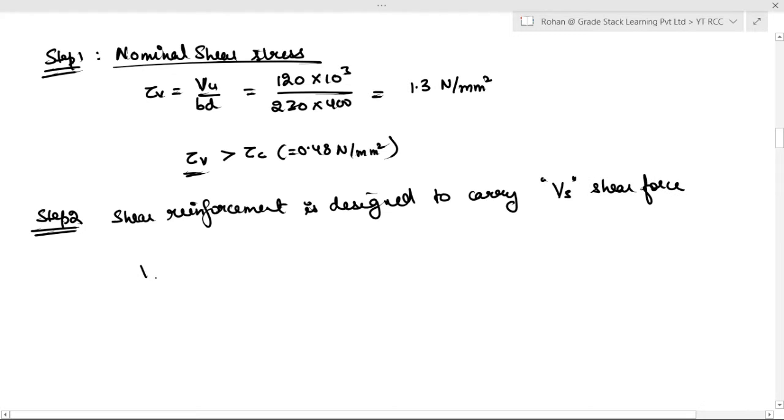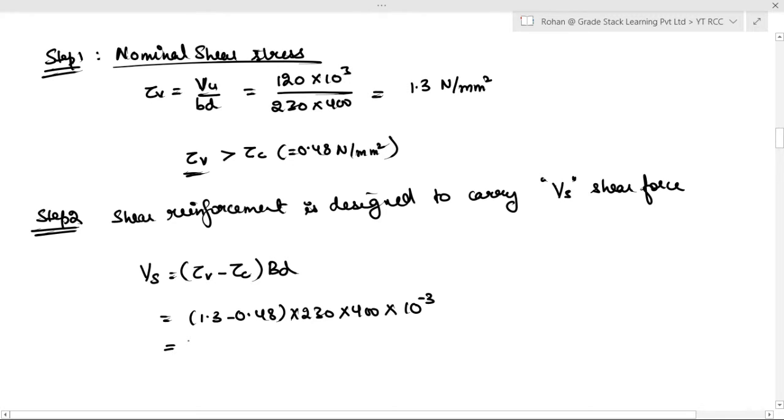Vs is equal to tau v minus tau c into bd, which is 1.3 minus 0.48 into 230 into 400. This is in Newton, converted into kilonewton by multiplying by 10 to the power of minus 3.